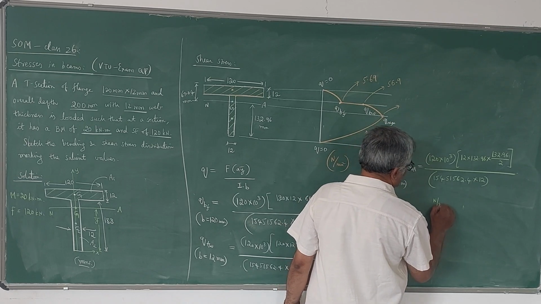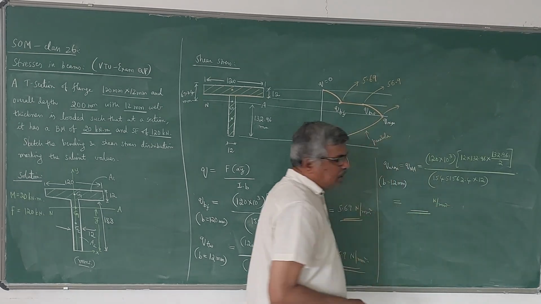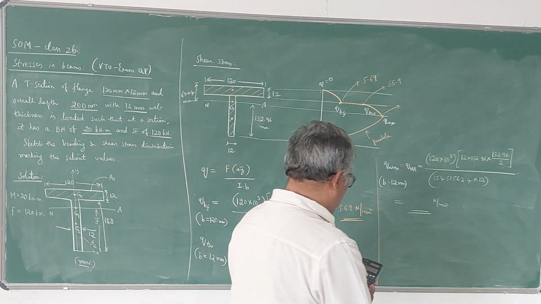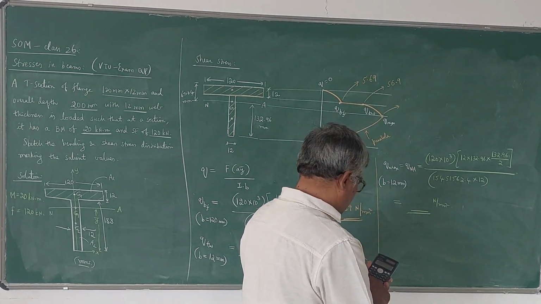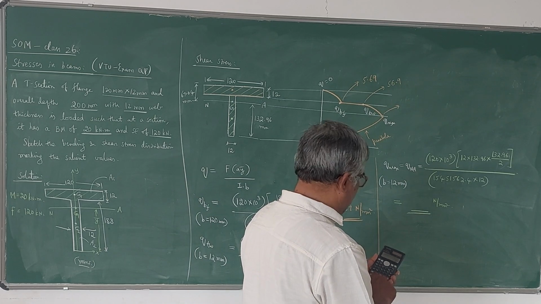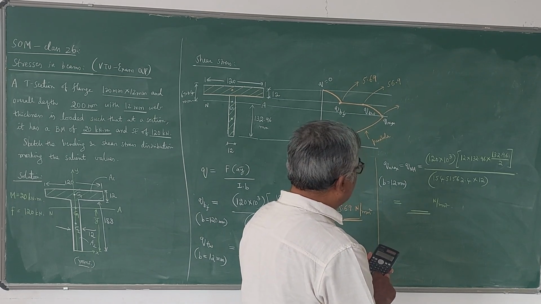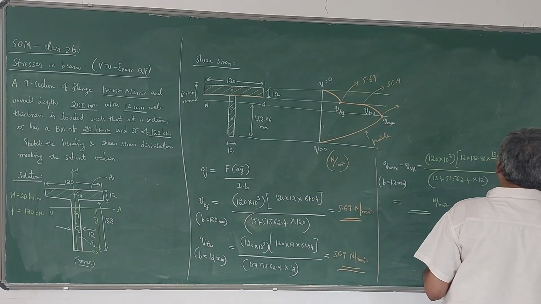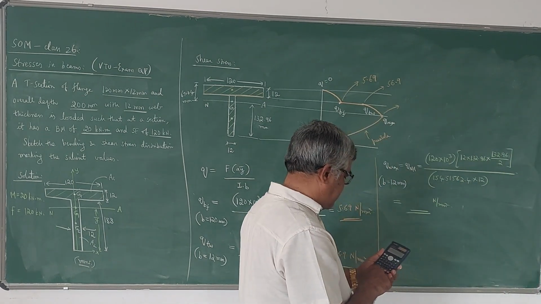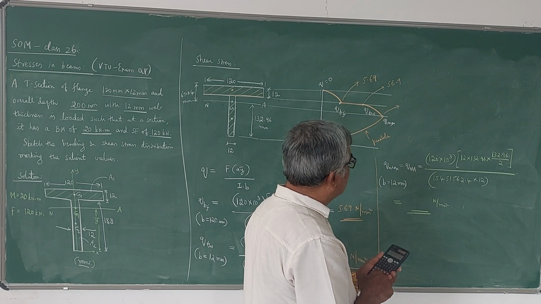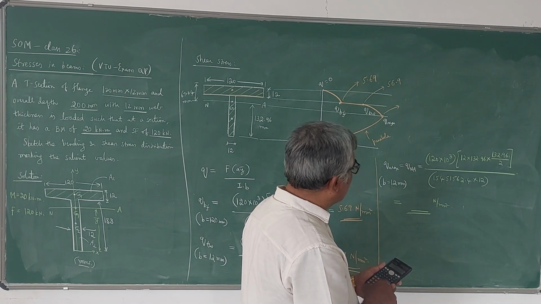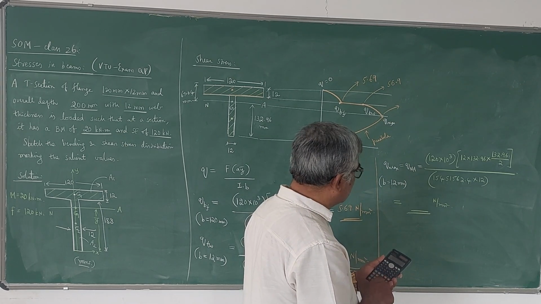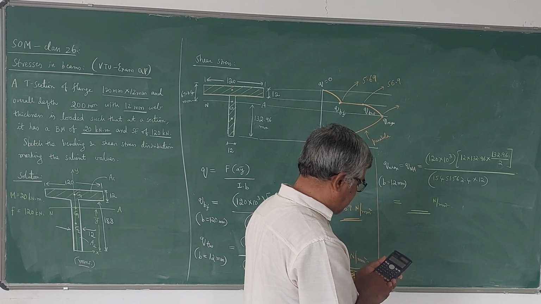So this is the value of Qmax. Let us see how much we are going to get. Newton per meter square. Let me simplify that. 120 into 10 cube into 12 into 132.96 into, see half of this will be 66.48, divided by 154,515,62.4 divided by 12.